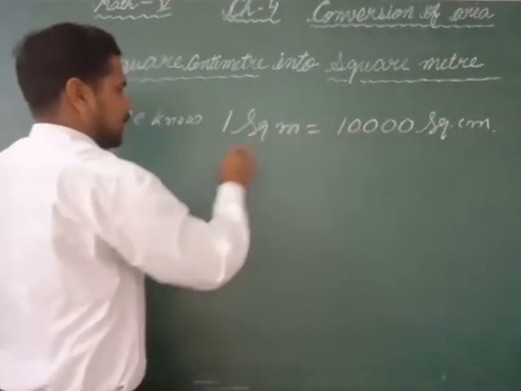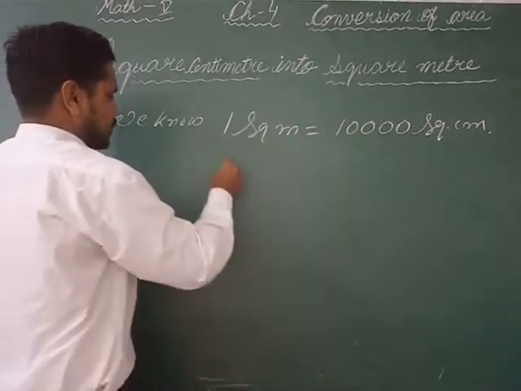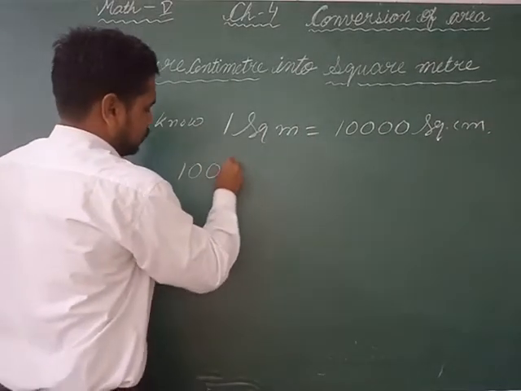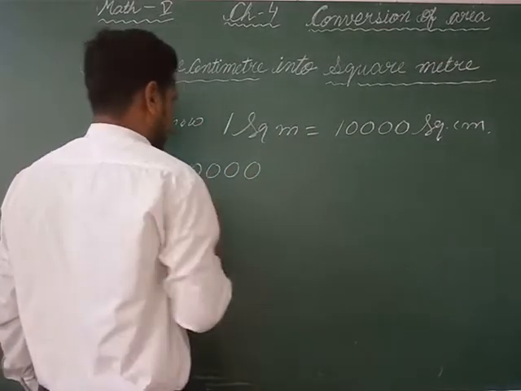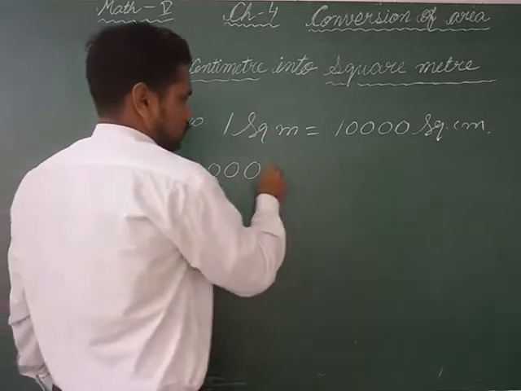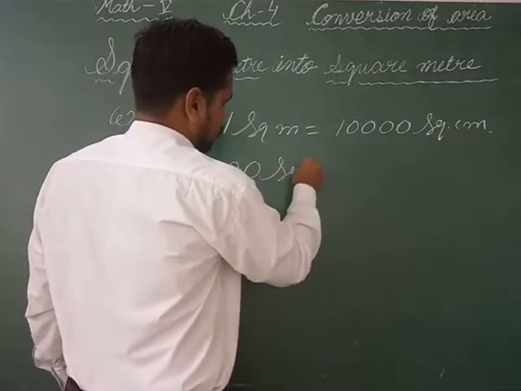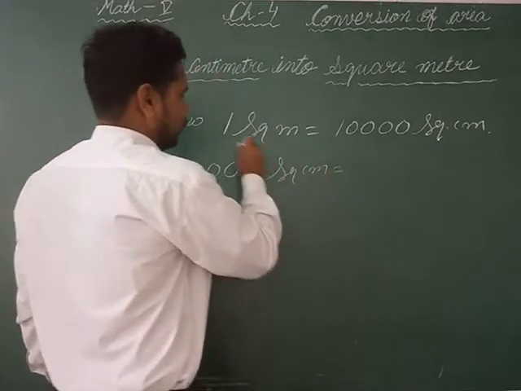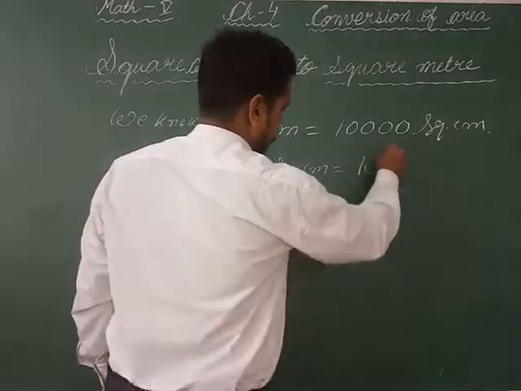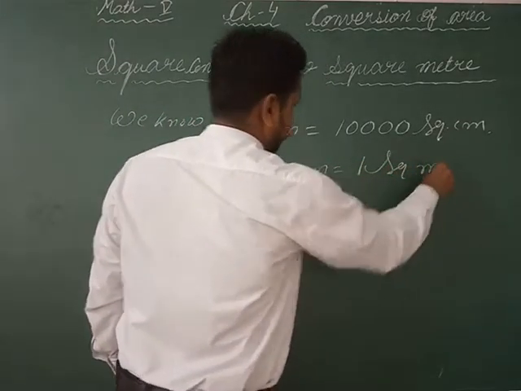So we can write this on this side and that on the other side. So 10,000 square centimeter will be equal to 1 square meter, right?